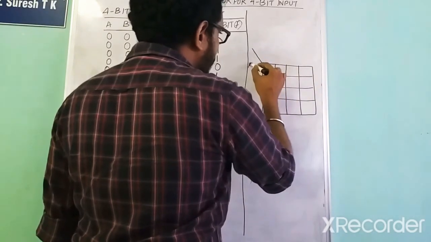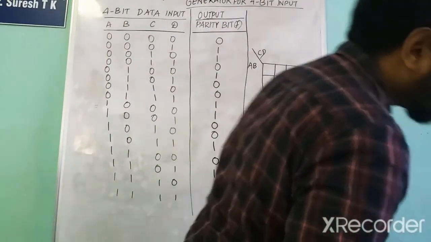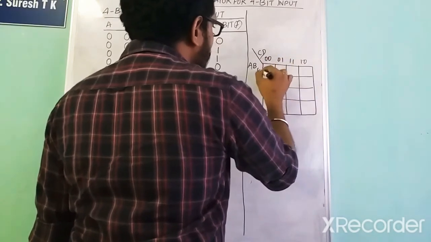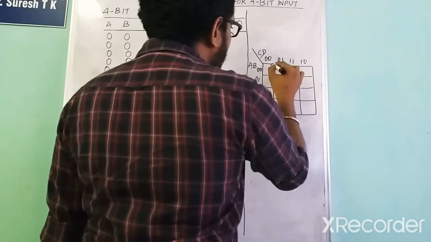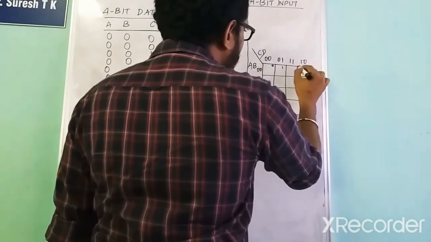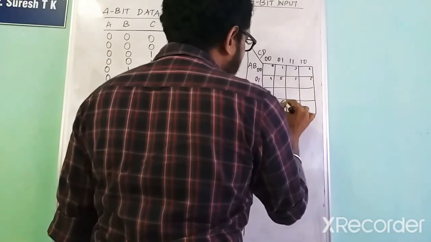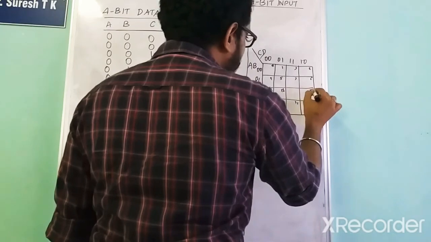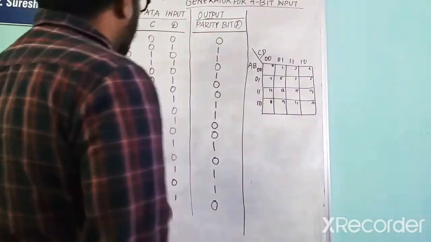Okay, A, B, C, D, then 00, 01, 11, 10 for both rows and columns. This is 0, 1, 2, 3, 4, 5, 6, 7, 8, 9, 10, 11, 12, 13, 14, 15.